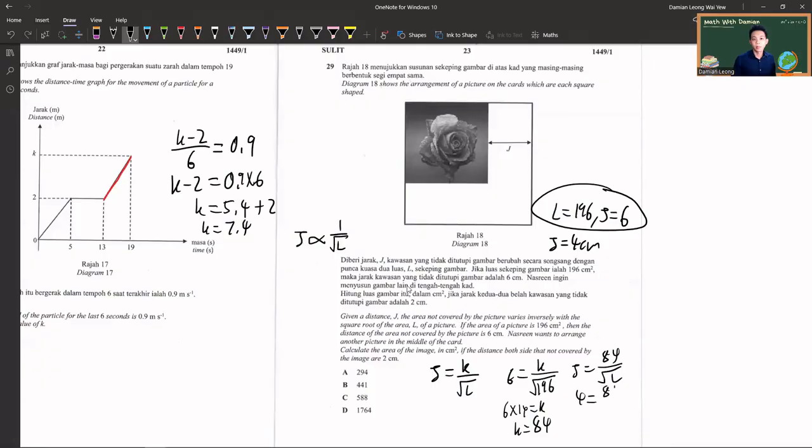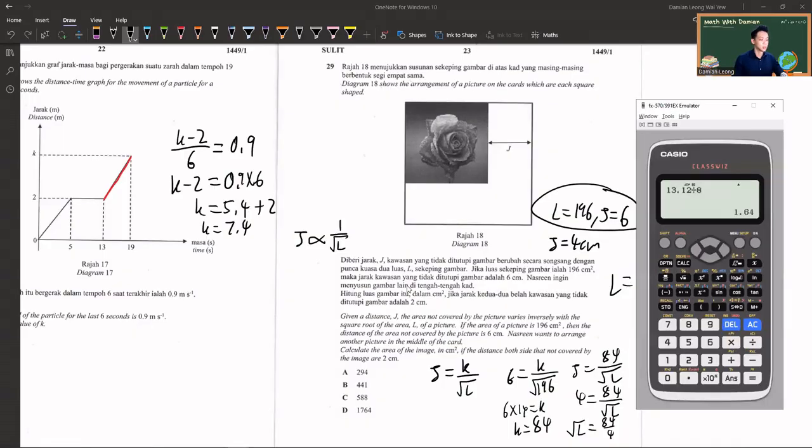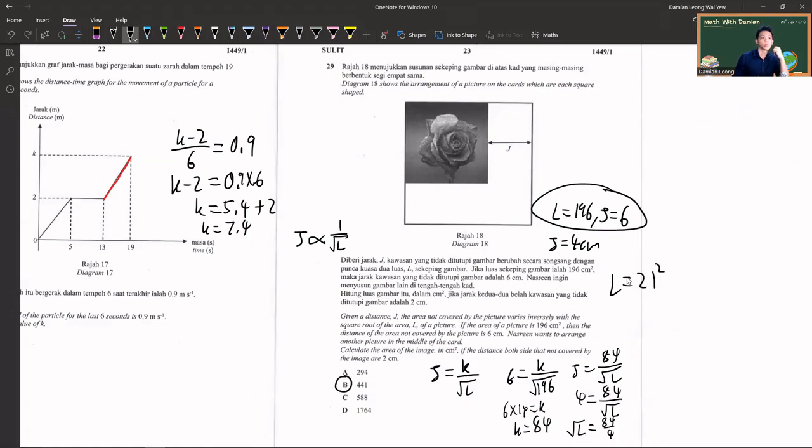I find L. So square root of L equals 84 over 4. Means square root of L is 21. Square root opposite square. So 21 square. 21 kuasa 2, 441. Ya. Itulah luas gambar itu. Okay.